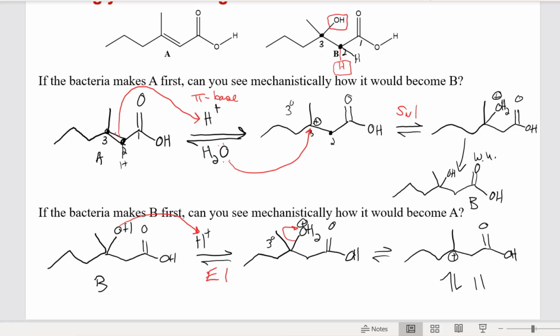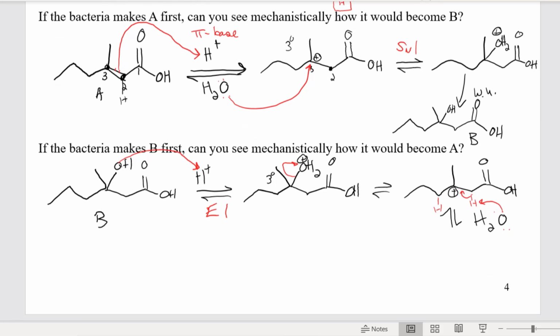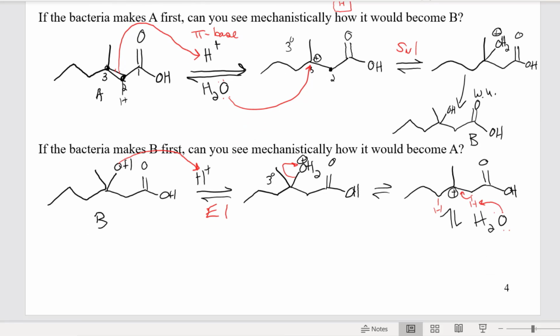The next step would be water attacking as my weak nucleophile. Sorry, as my weak base. And I grab the alpha position proton. I could have gone for the other hydrogen on the other side. But why didn't I?